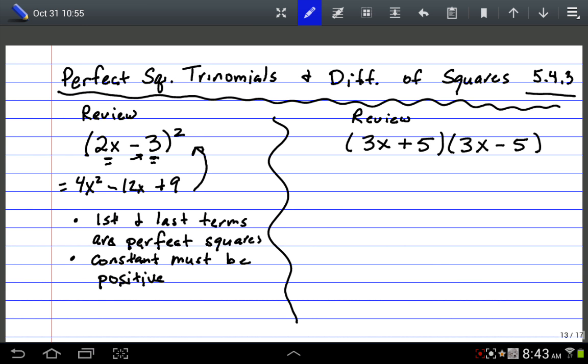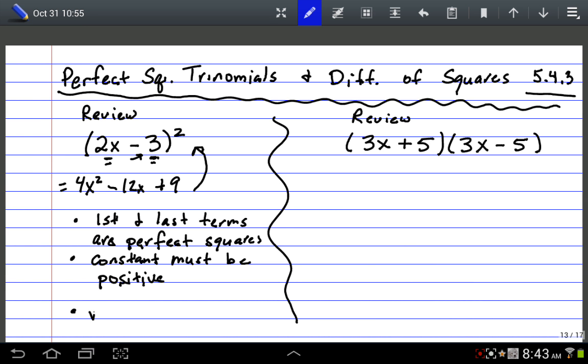The last thing is the harder one to recognize, so just follow along the best you can. I'm going to look at 4x squared minus 12x plus 9 as 3 terms: the first term, the second term, the third term.